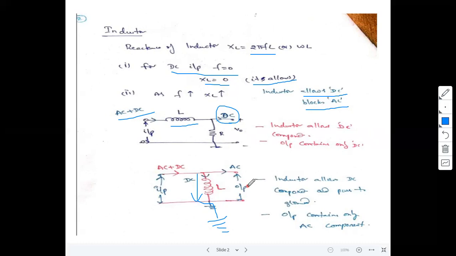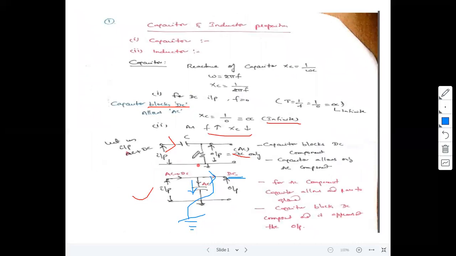Remember these concepts. These concepts are important. The way of connection is also important, whether the inductor is connected in series or in parallel to the input. Similarly, for the capacitor, whether it is connected in series or in parallel.